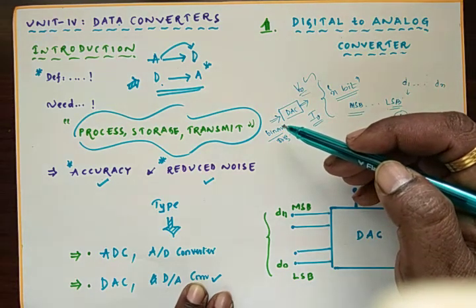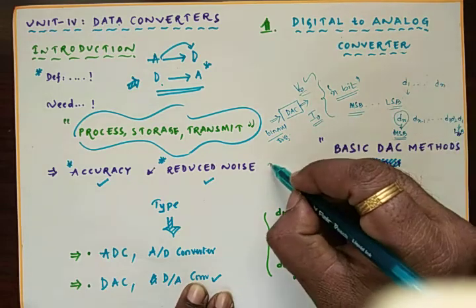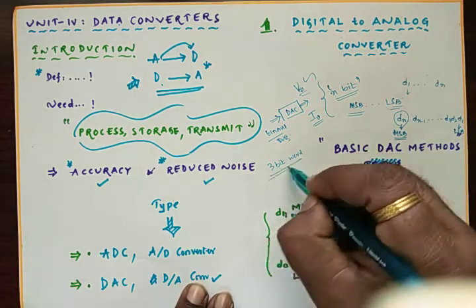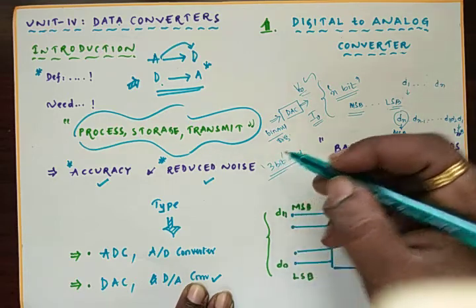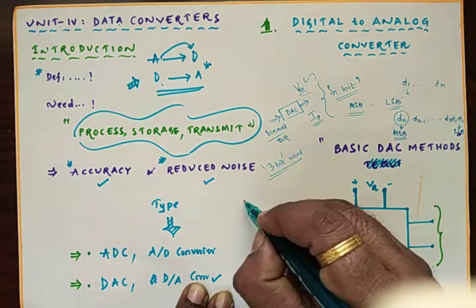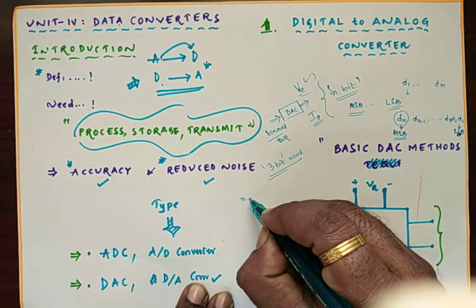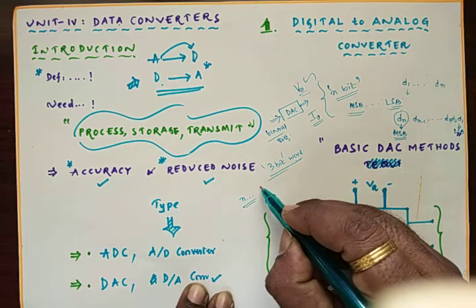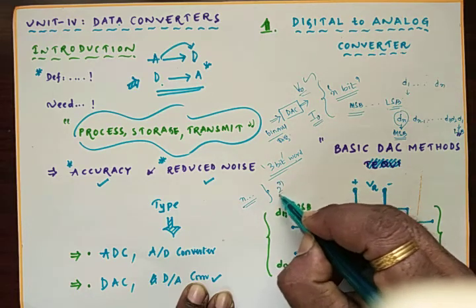For a 3-bit DAC, if you give a 3-bit binary number, there are 2 power of 3 possible combinations of input. If you give n number of bits in the word, the combination of input signals will be 2 power of n.